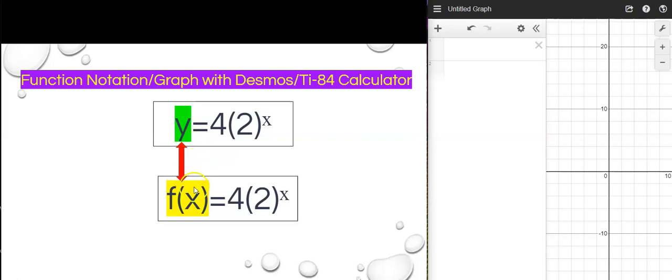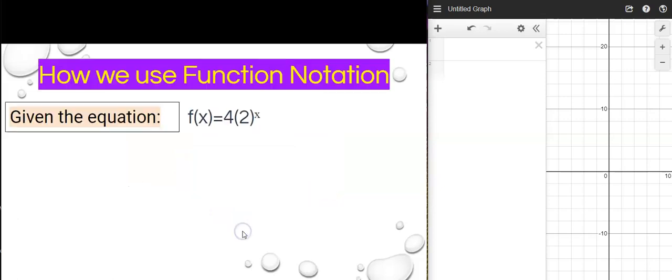The only difference between the two equations is that one equation is written in function notation, which is the equation below. This is how we write things in function notation, by using f of x, because it helps us with an input and an output. Let me show you what I mean, or maybe refresh your memory a little bit. So, how do we use function notation?